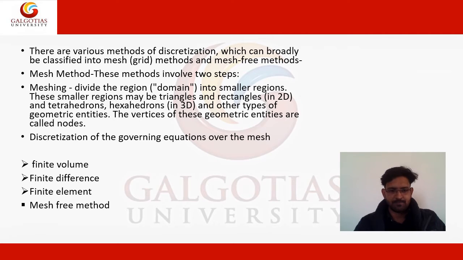These methods are based on the meshing. Another important technique for discretization is the mesh free method. So we are focusing on the mesh method, in which there are three important discretization techniques: finite volume, finite difference and finite element, and we are going to focus on the finite volume technique.